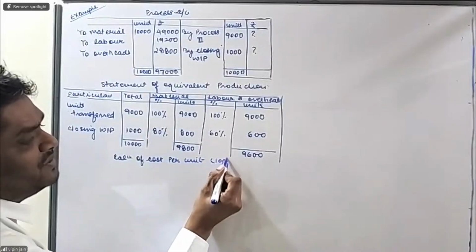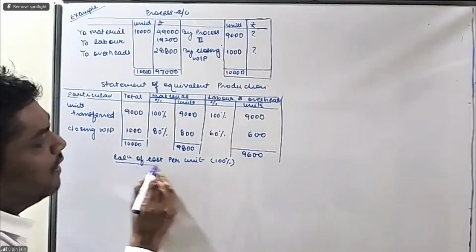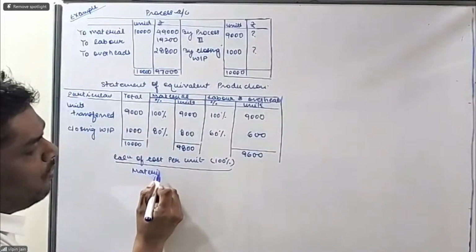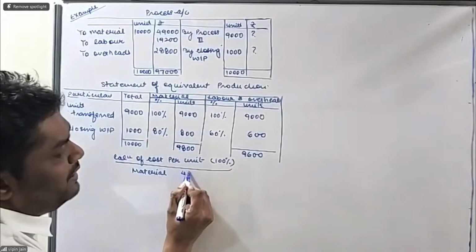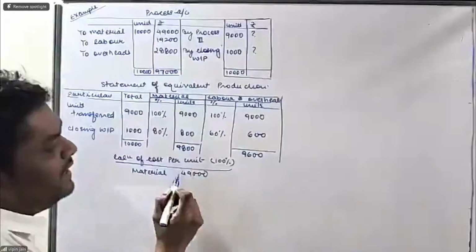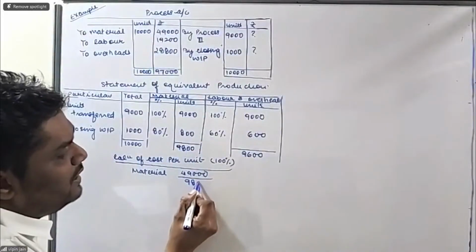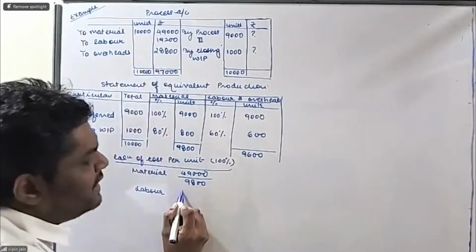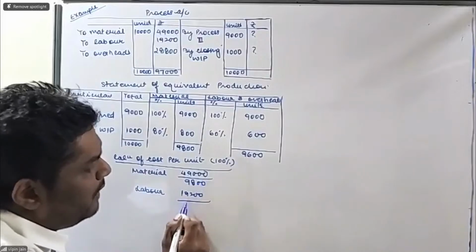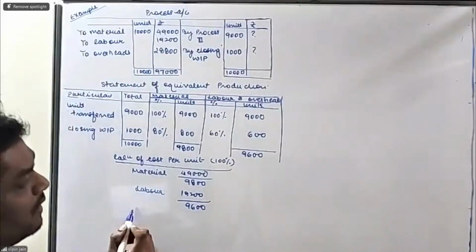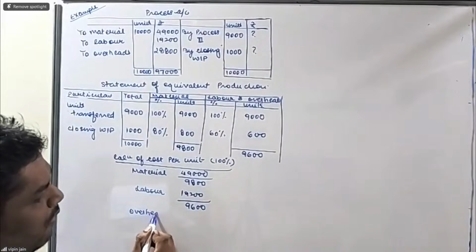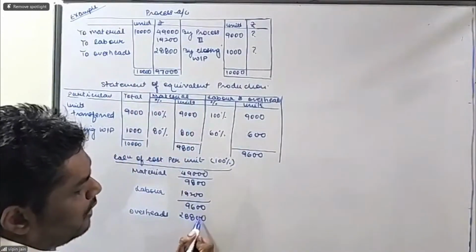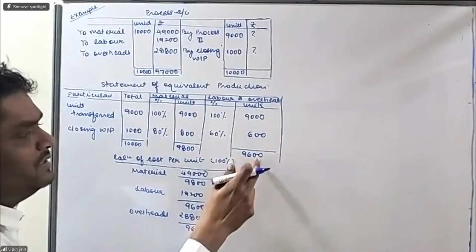Of 100% processed units. So when talking about material, it is 49,000, the cost, divided by equivalent number of units, that is 9,800. For labor, it is 19,200 and equivalent number of units are 9,600. And for overheads also, it is 28,800 divided by 9,600.